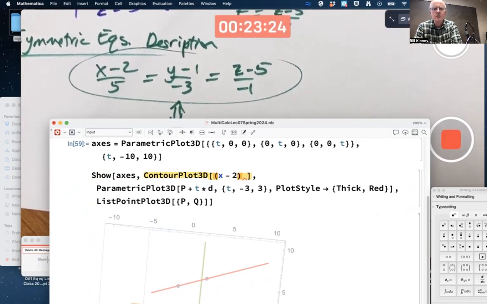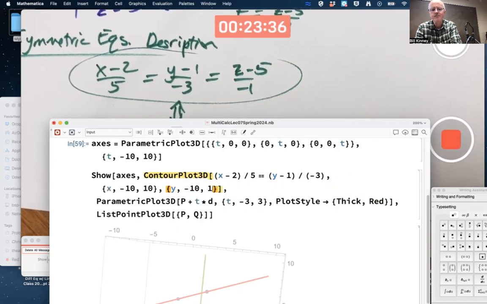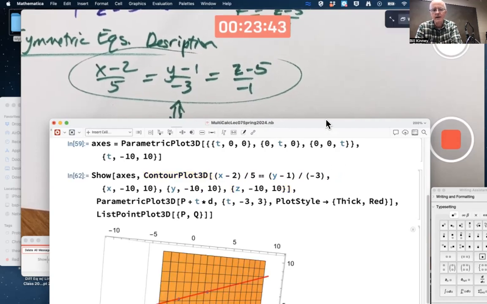Oh, (x minus 2) over 5 equals. You got to use double equal signs here when doing this. That'll be one equation, one plane. I got to give ranges of values for all three variables, even though you don't see a z in there. So this is one plane.